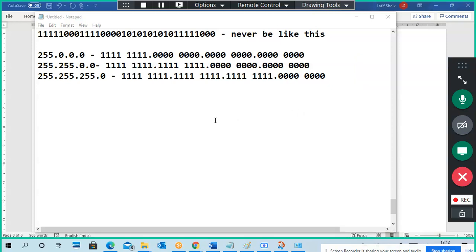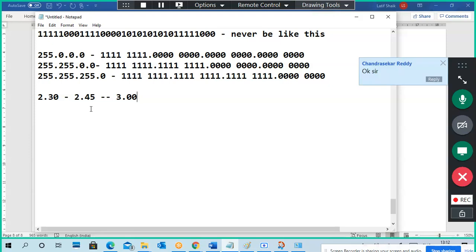Again, I will connect it back at 2:30. So guys, everybody join by 2:45. If anyone is late, the maximum time is 3 o'clock. Don't start logging in after 3 o'clock; log in before 3 o'clock. If you started at 2:30, you are in a queue.